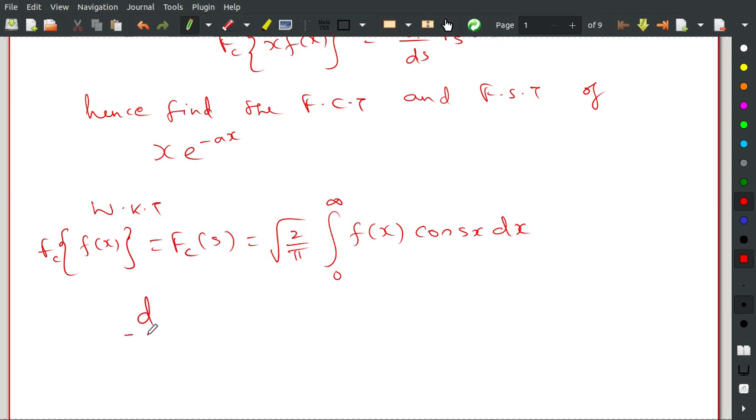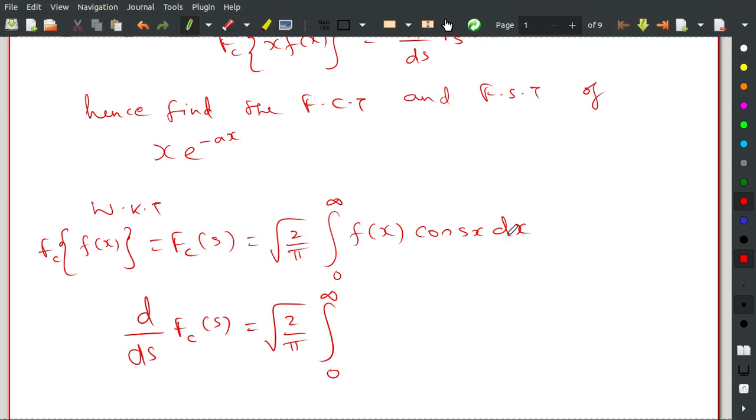Okay, so upon differentiating on both sides with respect to s, we have d by ds of the transform of s equals root 2 by pi integral 0 to infinity.